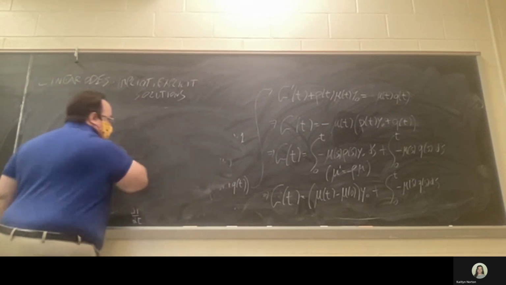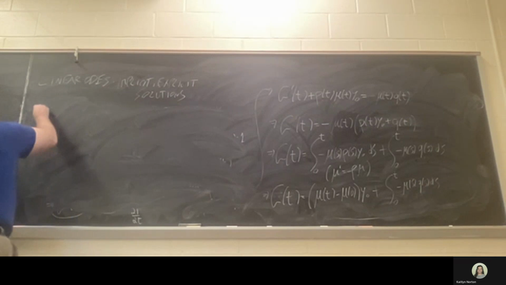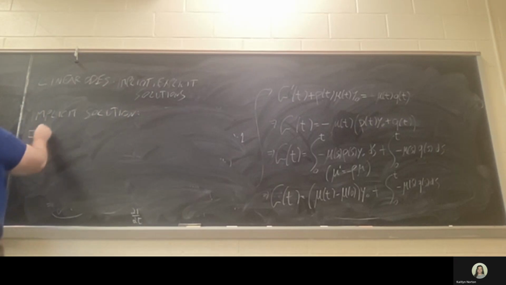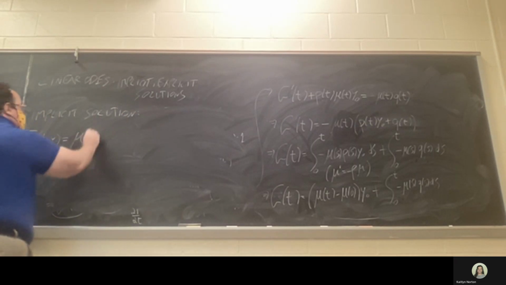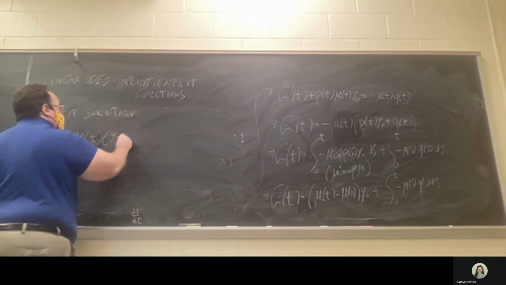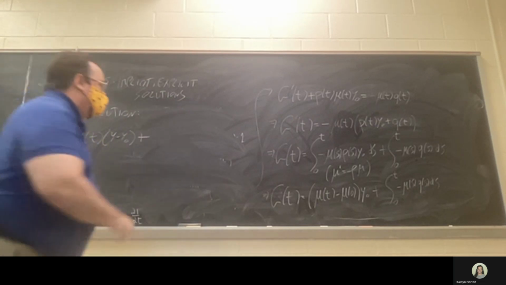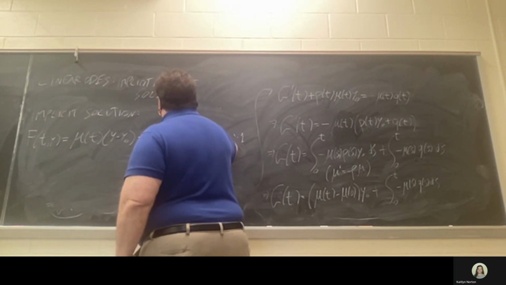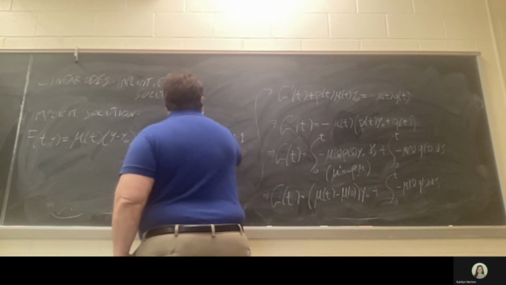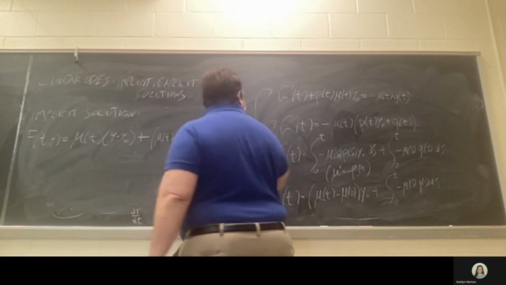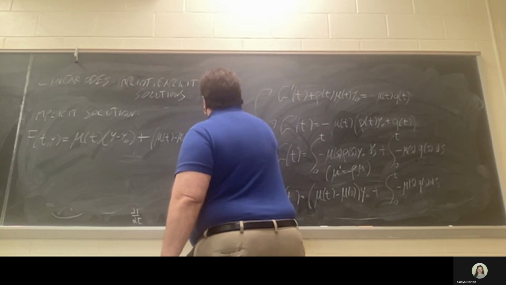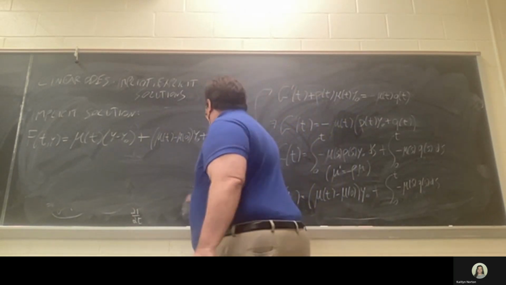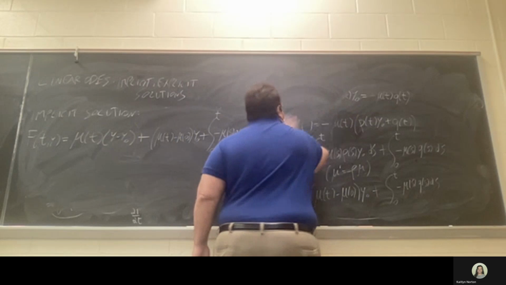So the implicit solution: capital F of t, y equals mu of t times y minus y naught, plus mu of t minus mu of 0 times y naught, plus the integral from 0 to t of minus mu of s q of s ds. And all of that has to equal 0.